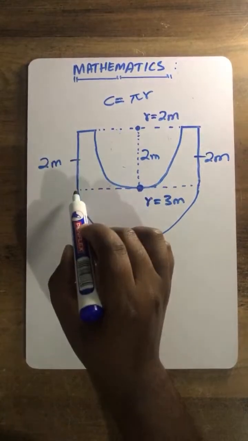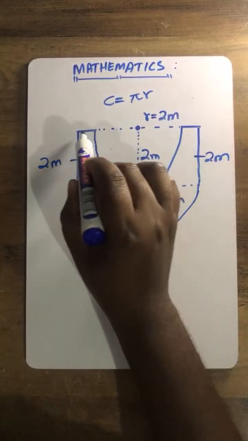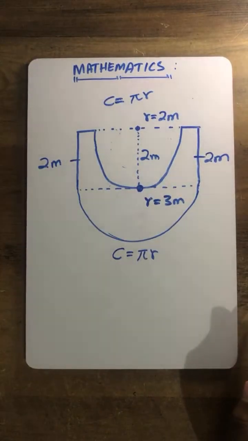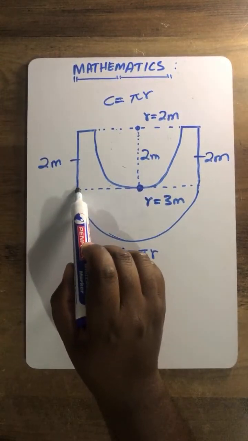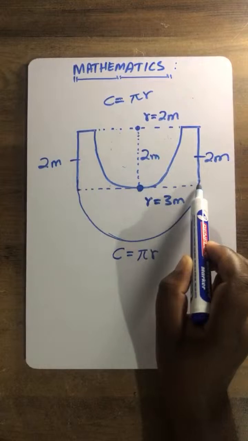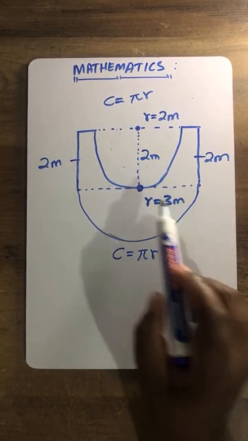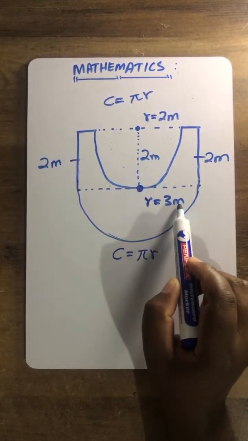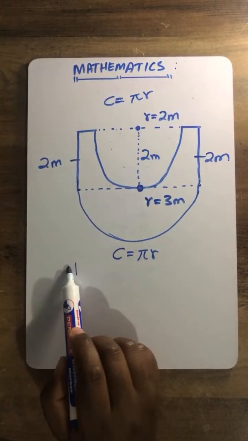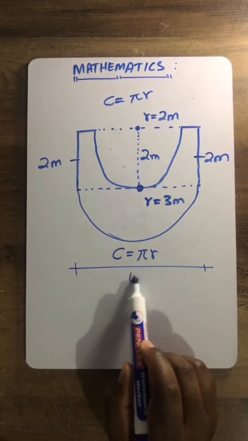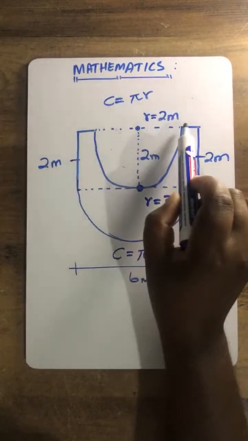Because you know what that is, that you can calculate, but those two short distances you don't know. But I think you can work it out, because you know that from here all the way up to there, it's 6. How do you know it's 6? Because from here to there is 3, so from there to there is another 3. So you have a total length being 6 meter. And then you have this one from there to there being 4.